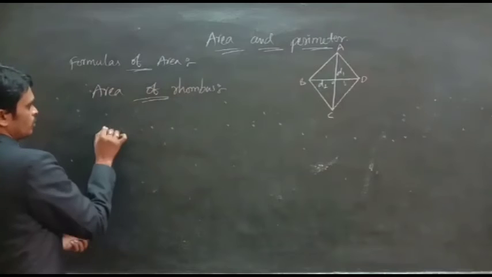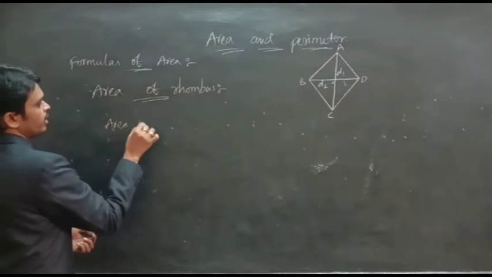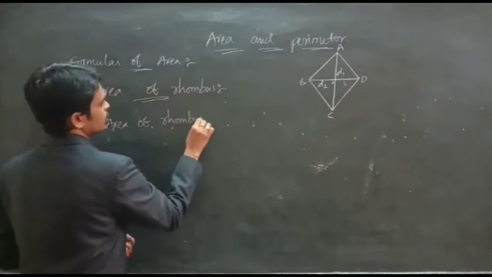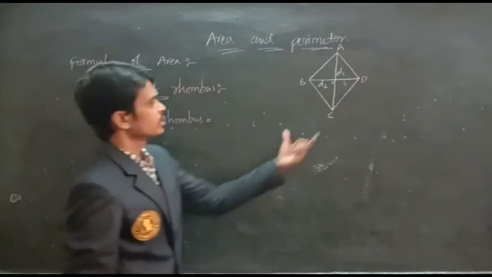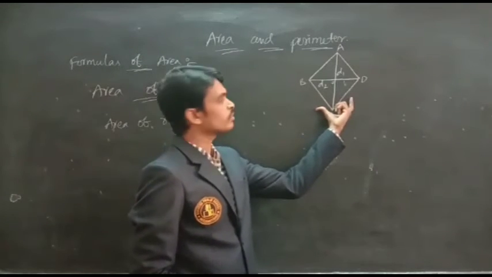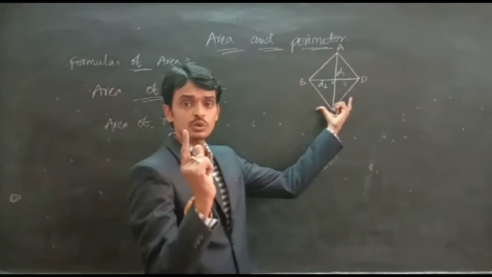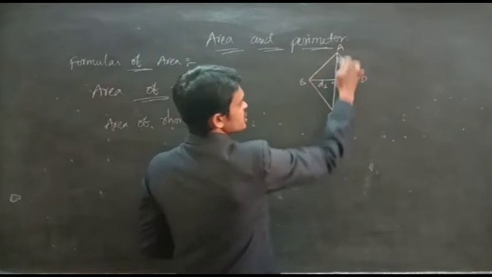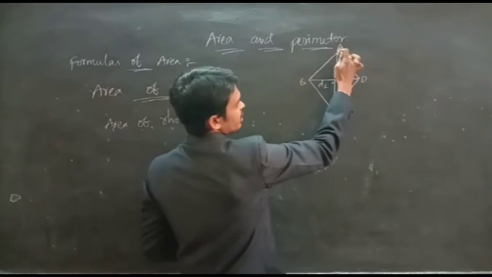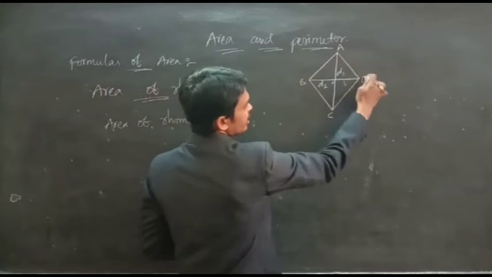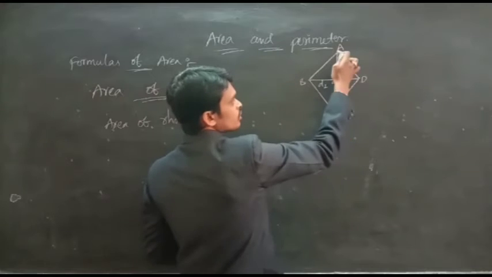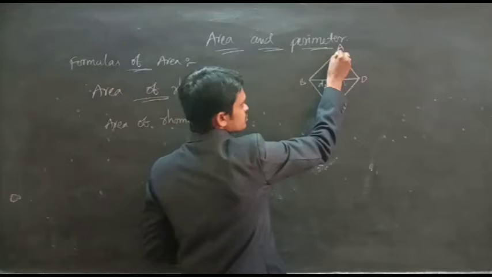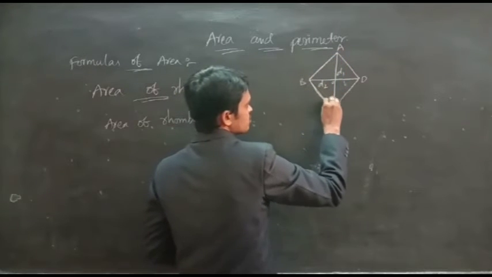Now, area of the rhombus. This rhombus I divide into two triangles, triangle ABC and triangle ADC. So triangle ABC, this is one triangle like this.